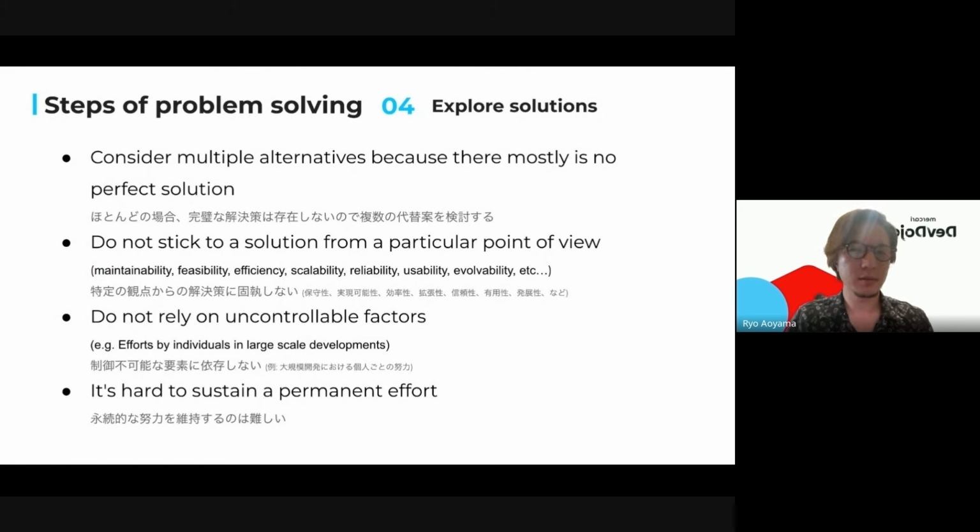And in that case, we should not stick to a certain perspective, such as maintainability, feasibility, efficiency, scalability, reliability, usability, evolvability. So there are so many different points of view. So we should not try to stick to just a single perspective among them to come up with a solution, but instead we need to consider potential solutions from various viewpoints.